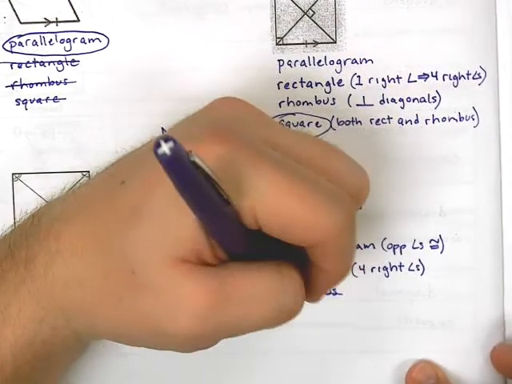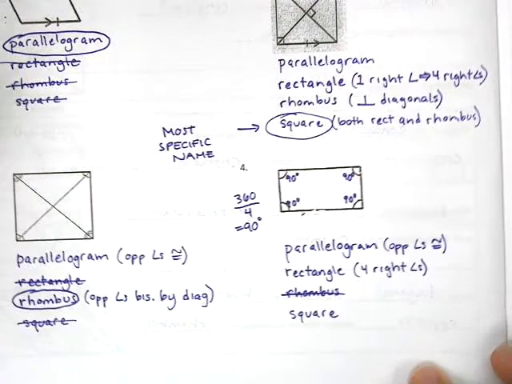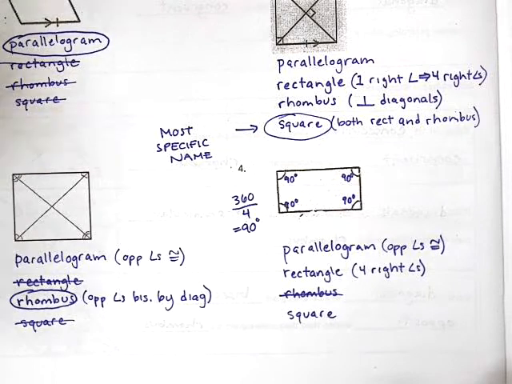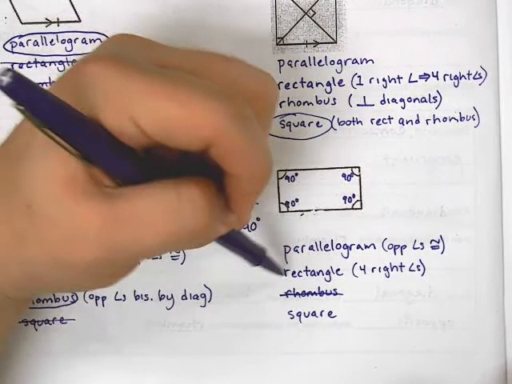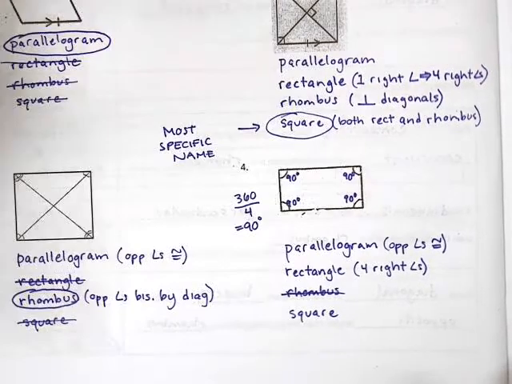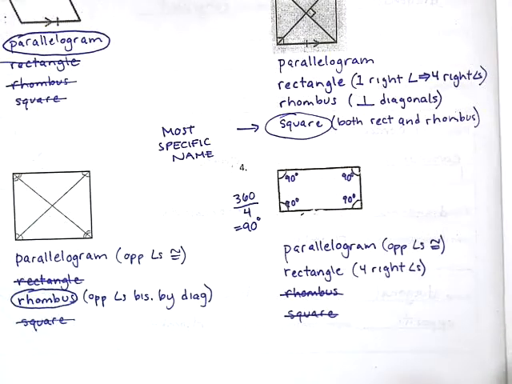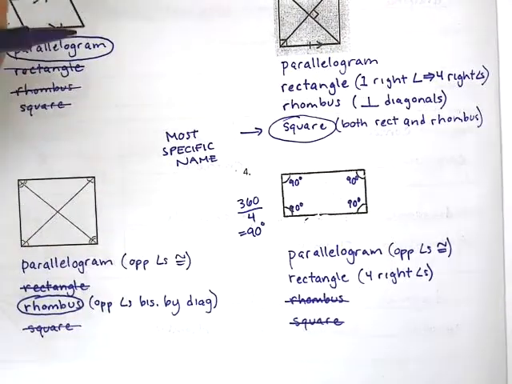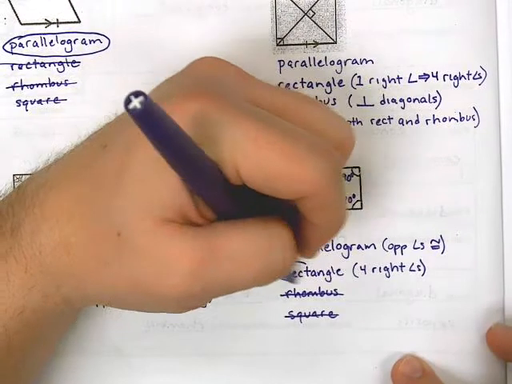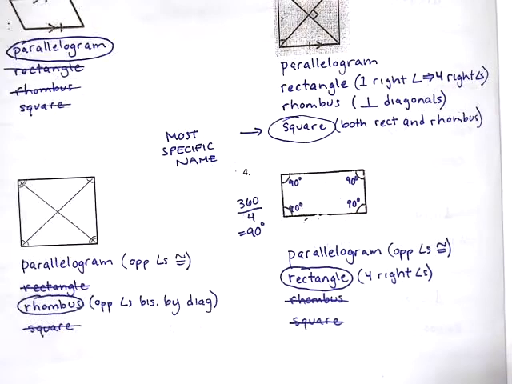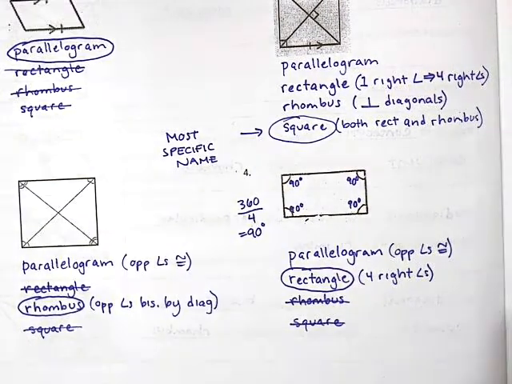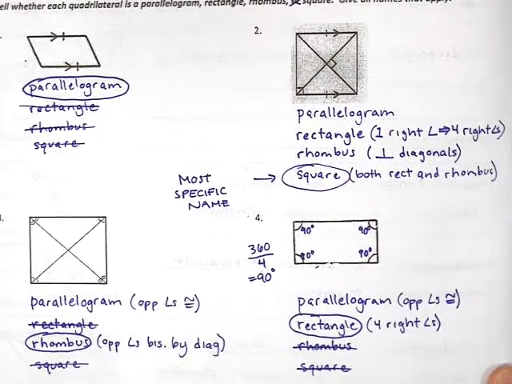And lastly, square. Can this be a square? No, it cannot, because it is not both a rectangle and a rhombus. So I put a line through it, and I would say, again, if I changed the question, that rectangle is the most specific name.